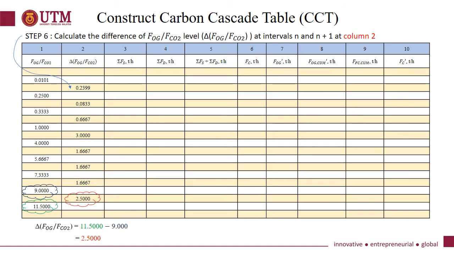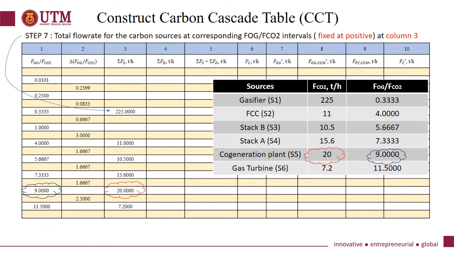As you can see, we obtain the value of 2.5 by subtracting 9 from 11.5. Repeat the step for all other FOG over FCO2 levels. The carbon cascade table in the slide shows the result after finishing the calculation for column 2.